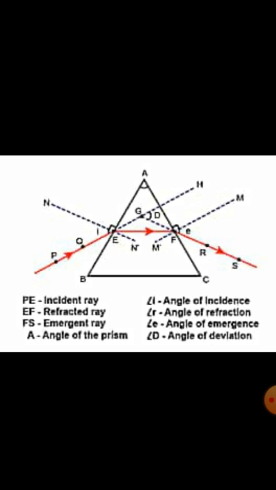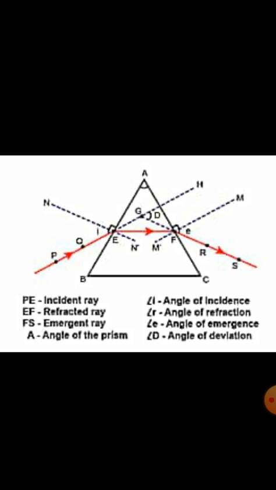Now, consider a point E on the refracting surface AB. At this point E, use a protractor and a scale to draw a normal NN' and an incident ray making an angle of say 40 degrees with the normal.